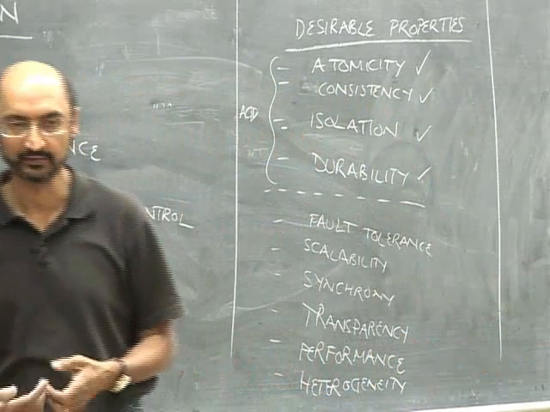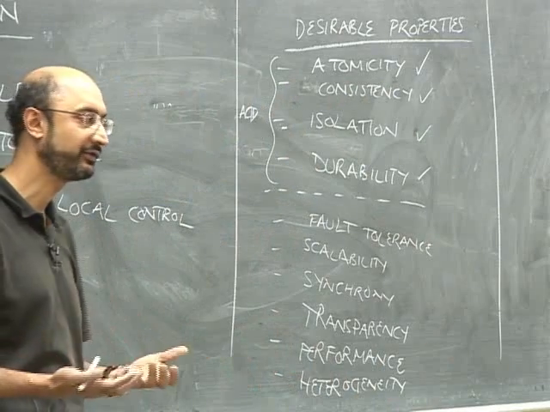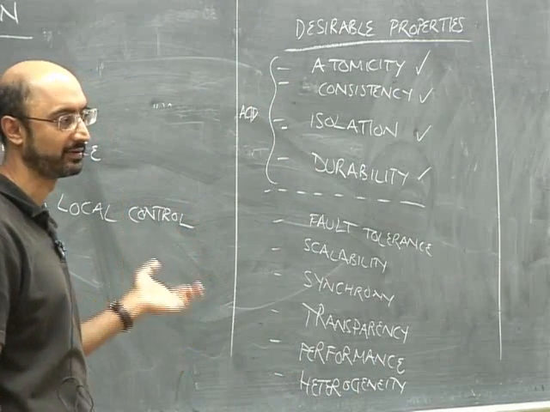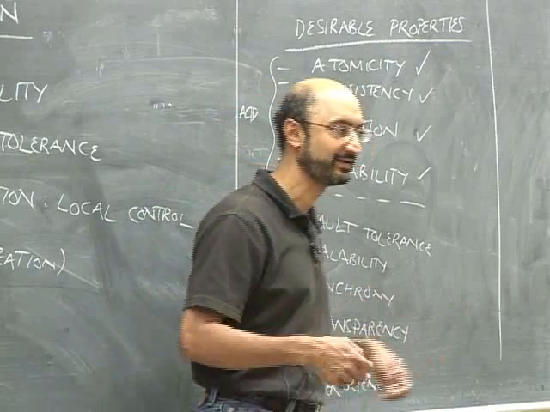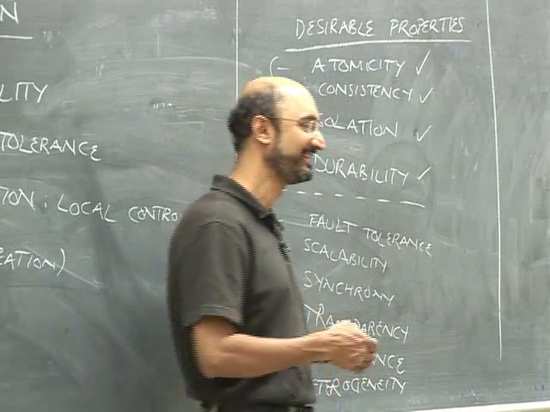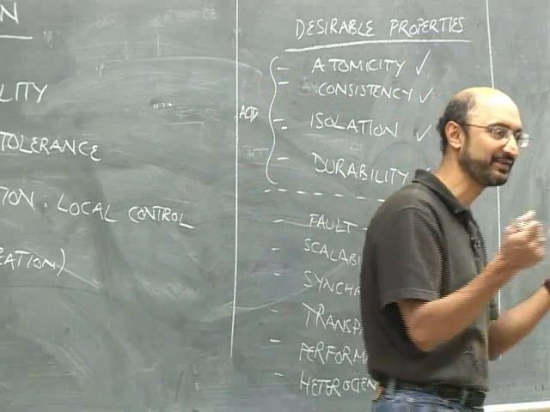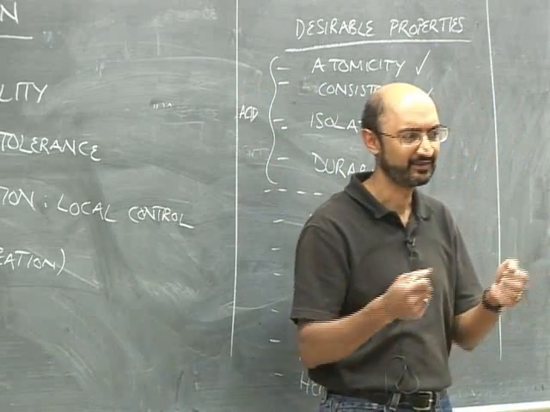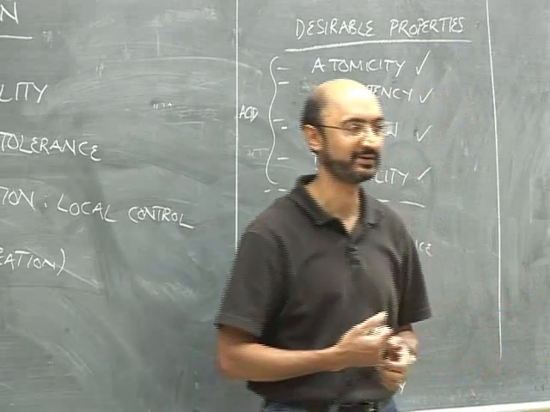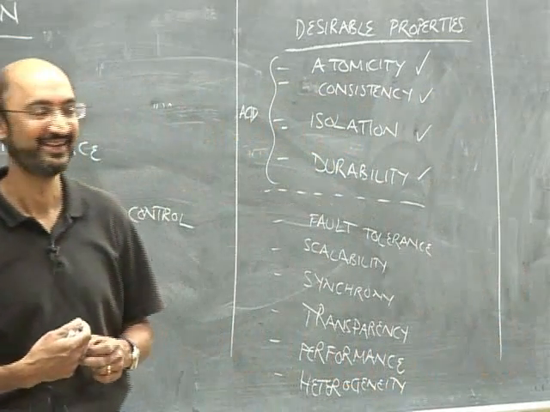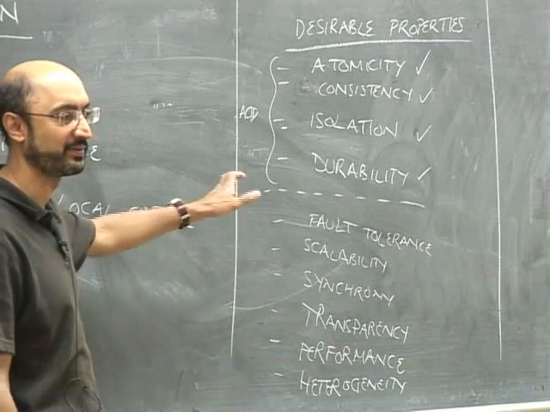There can always be some pathological circumstance where we don't have durability. That's why it's always a good idea to print out your receipts, so that you can say, you actually sold it to me, and if they say it's not there, you say, no, look, I have this printout over here. Of course, you could have photoshopped it, but that's another story. Okay. Any questions about these four properties so far?